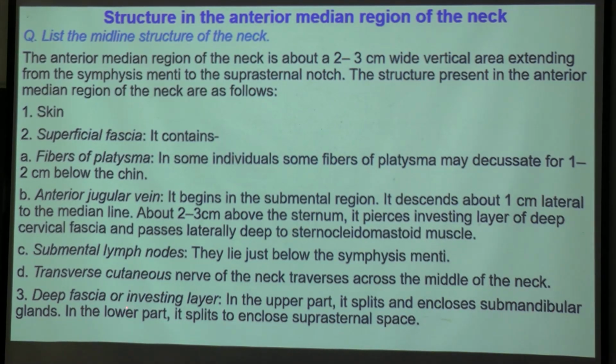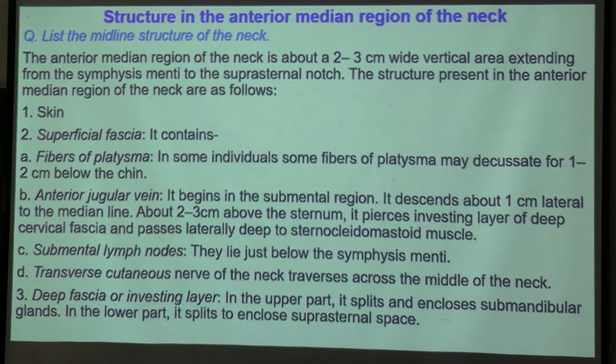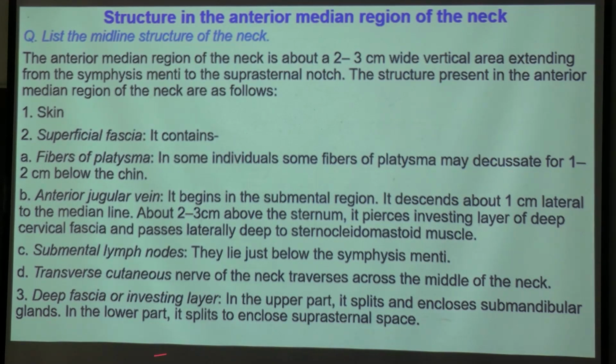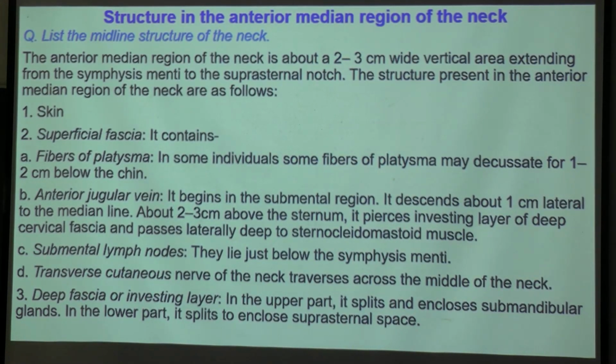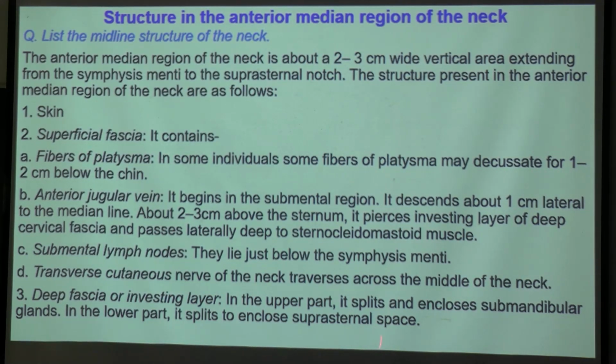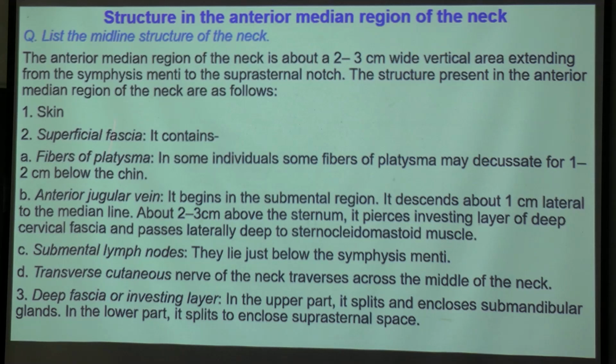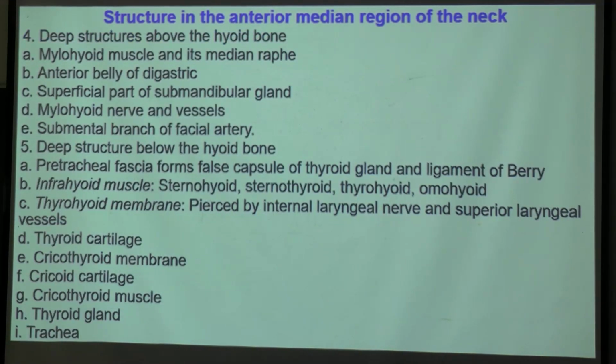Next, the deep fascia or investing layer. In the upper part, it splits and encloses the submandibular gland, and in the lower part, it splits to enclose the suprasternal space, the suprasternal space or space of Burns. So this is what lies in the superficial fascia and the deep fascia.